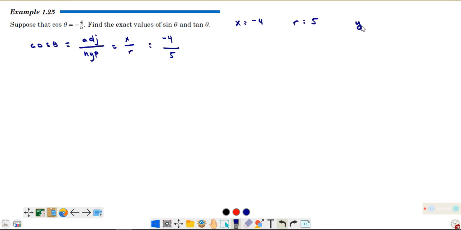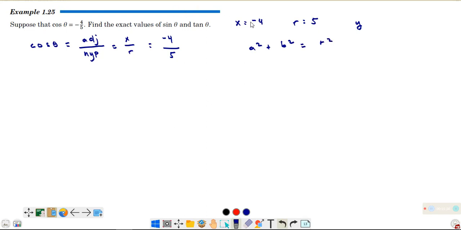Kunin natin si y. How can we find the value of y? We can find the value of y using our knowledge in Pythagorean Theorem. So, since parehas naman yung magiging triangle natin, with the one na positive ang x, we have a squared plus b squared is equal to r squared.